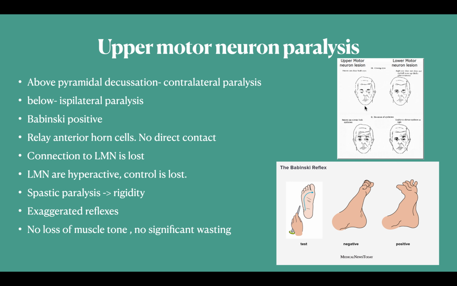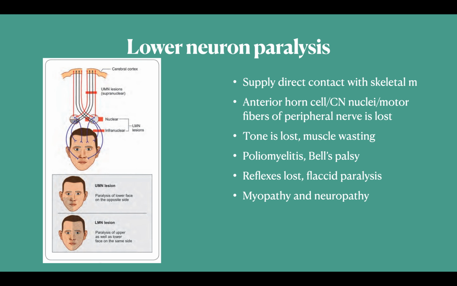So here is the upper motor neuron lesion. It's going to really only affect the lower fourth of the face, depending on the side of the injury, right? So in the lower motor neuron paralysis, there is going to be decussation.